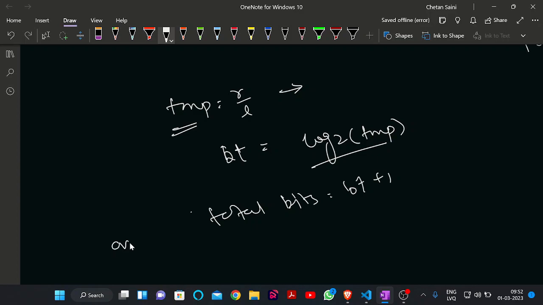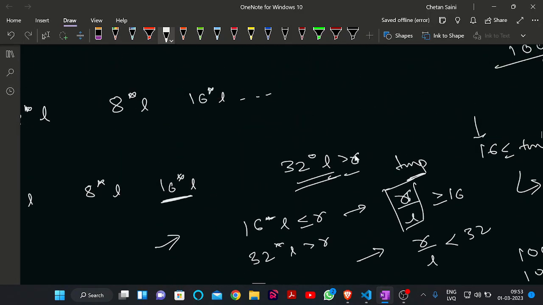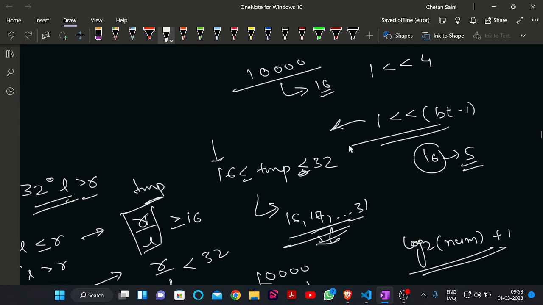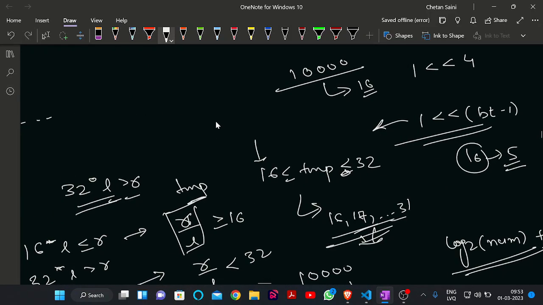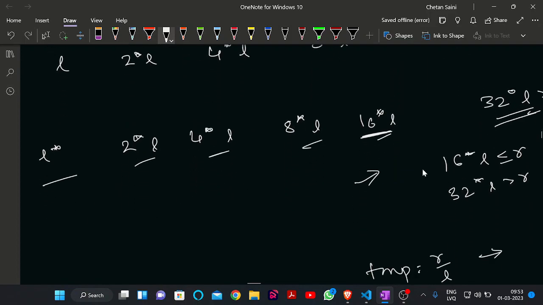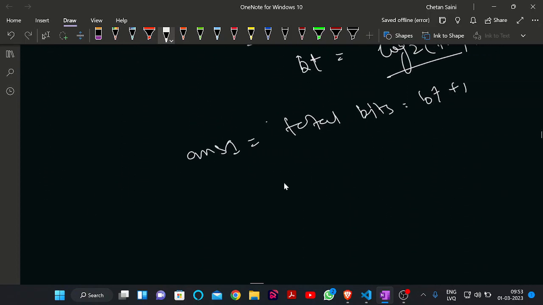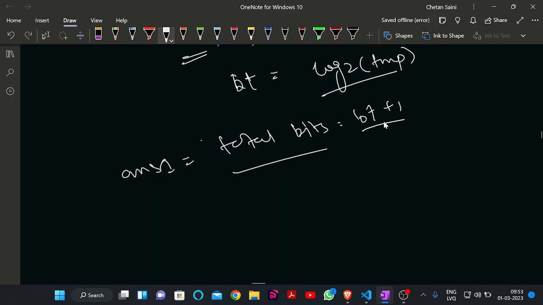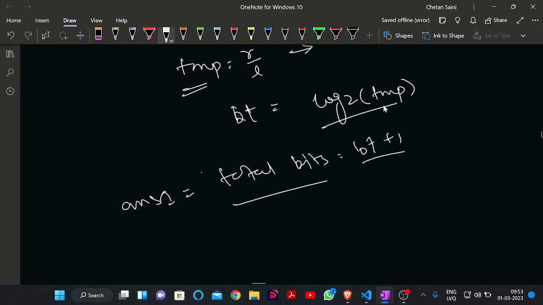And this will be our first answer, that is, the maximum size of the set. As we can see in the case of this 16 one, the total value of bt plus 1 is 5 total bits. And here also we can see 1 2 3 4 5. So this is our first answer, the total bits, that is bt plus 1. And what is bt? That is log 2 of term. And what is term?